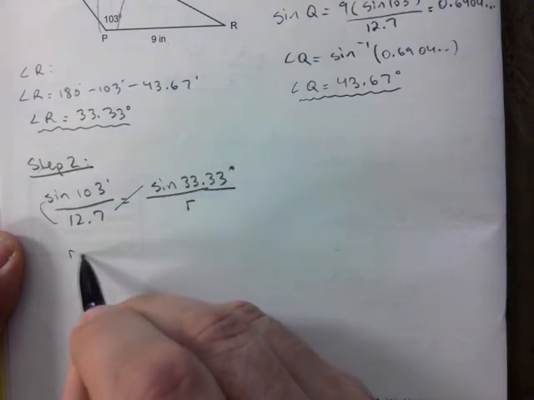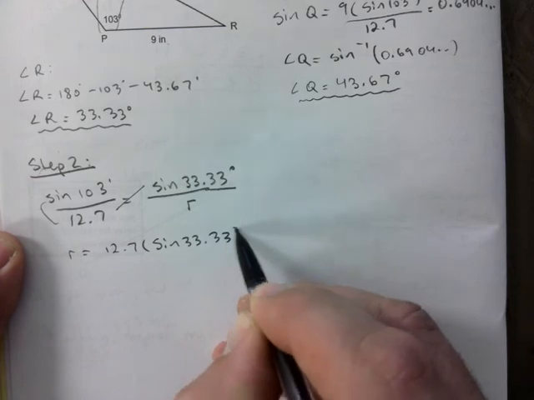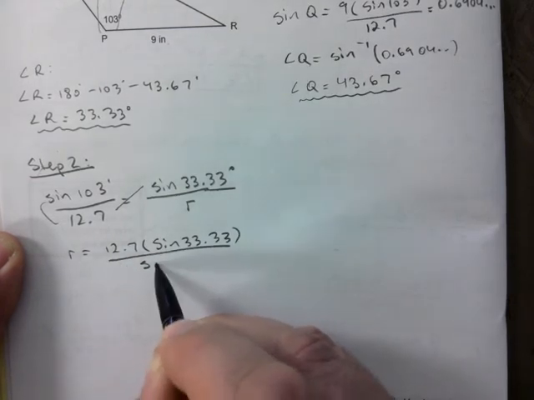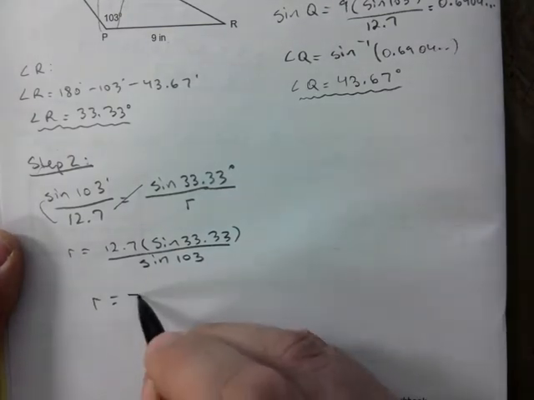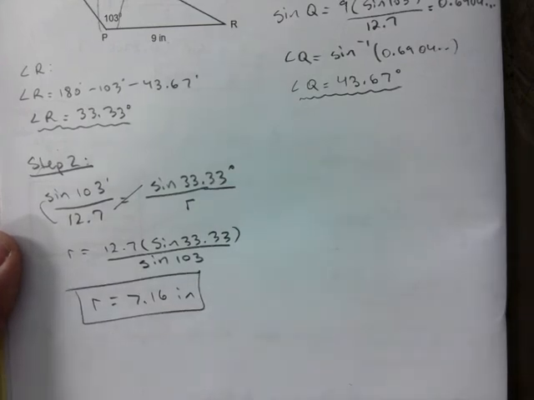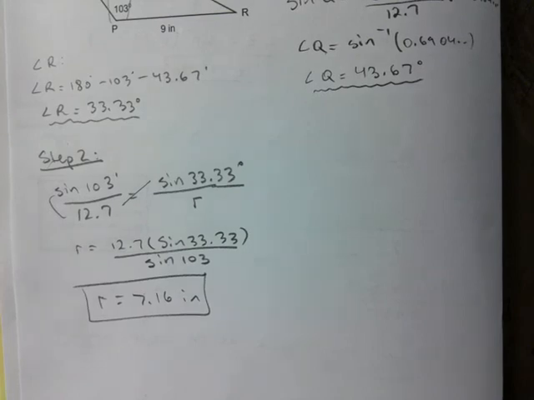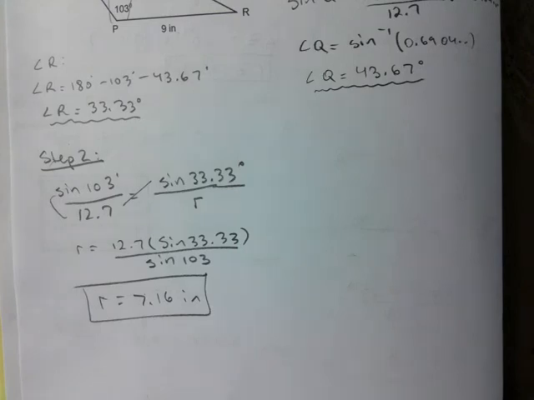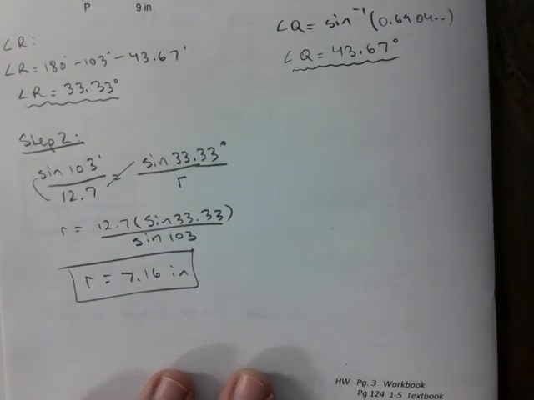So 12.7 sine of 33.33 divided by sine of 103, and that is 7.16 inches. That is the final answer, and so that had to be done in multiple steps, right? So be consistent with your work. Know what you're doing. Things need to be opposite each other, and then you will succeed. Okay.